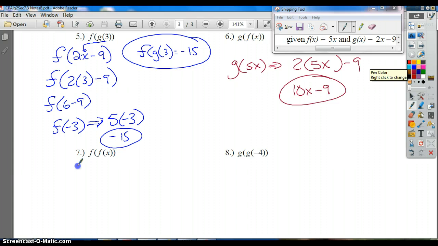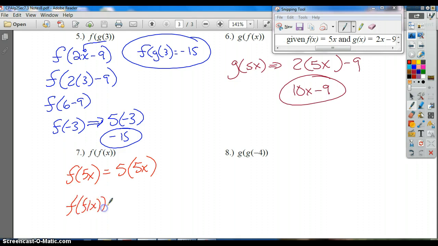Let's do f of x. Sounds really ridiculous. Doing f of 5x, which means I'm doing 5 of 5x. So when we finish doing this guy here, we're looking at 25x. Basically substituting in 5x into here for that x.